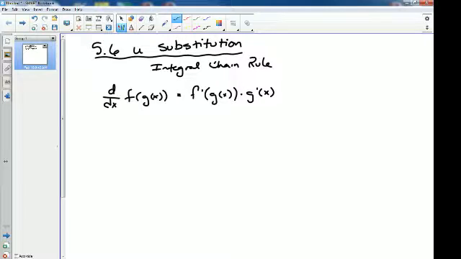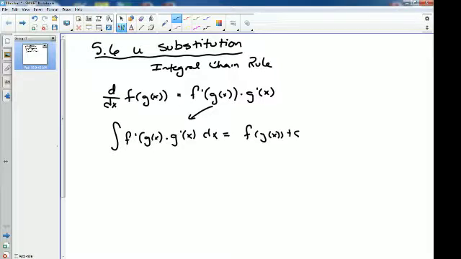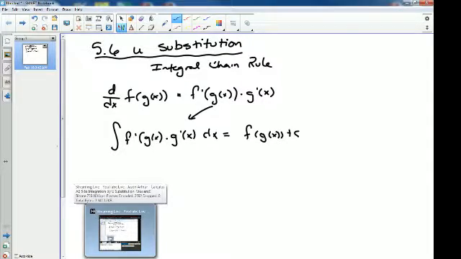So the question would be, how do you integrate this function, right? Obviously you're going to end up with the original, but how do we get there?